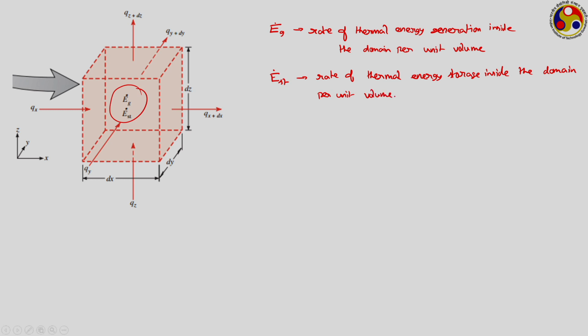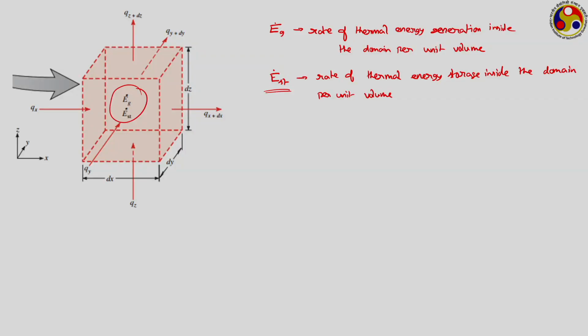Because you can see there are 6 different heat transfer rates that we are considering. As per the diagram shown here, 3 of them are entering the block, 3 of them are leaving the block, and there is also an energy generation which can be present in certain limited cases. Suppose this block is made of some kind of nuclear fissionable material and a nuclear reaction is going on, then definitely some energy will be generated; the energy released by the fission reaction will be converted to thermal energy.